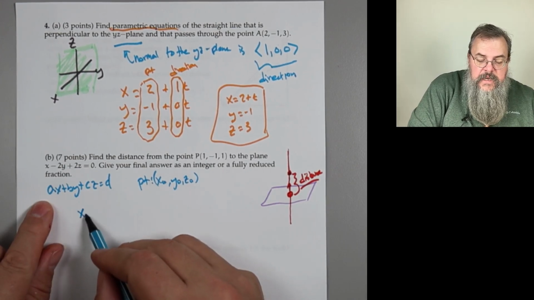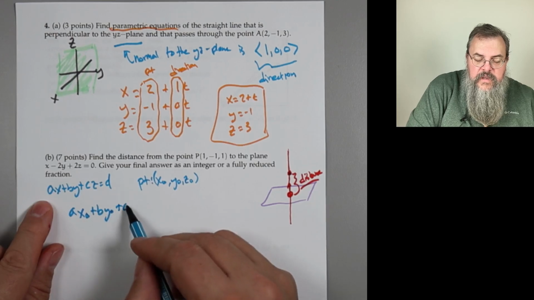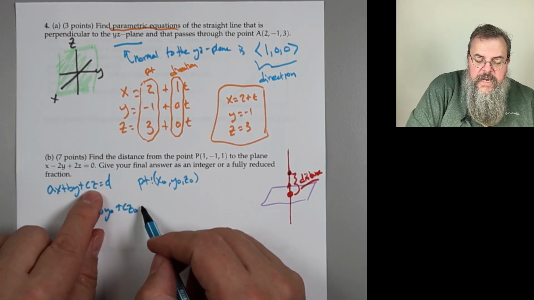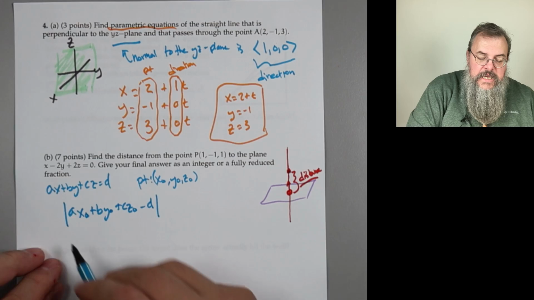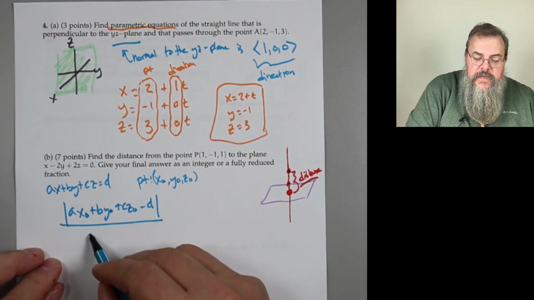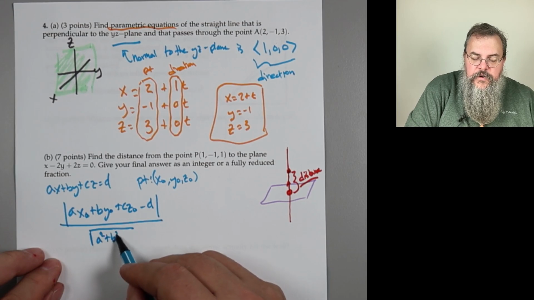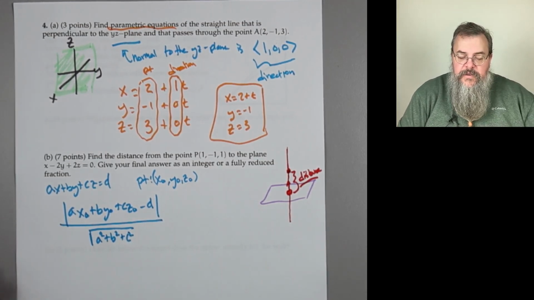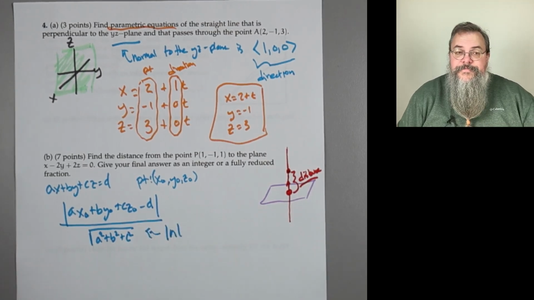So you have ax0 plus by0 plus cz0, subtract d, take the absolute value of that, and divide that by the magnitude of your normal, which is the square root of a squared plus b squared plus c squared. So downstairs is the magnitude of the normal.